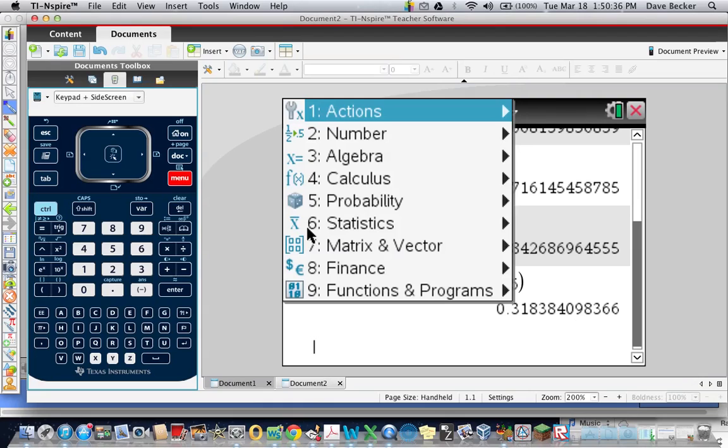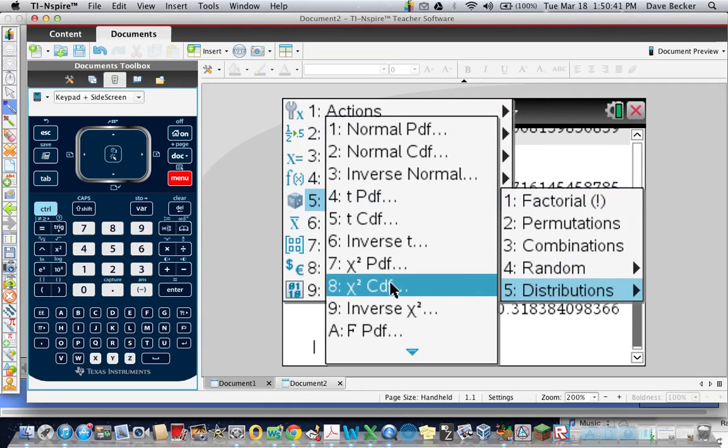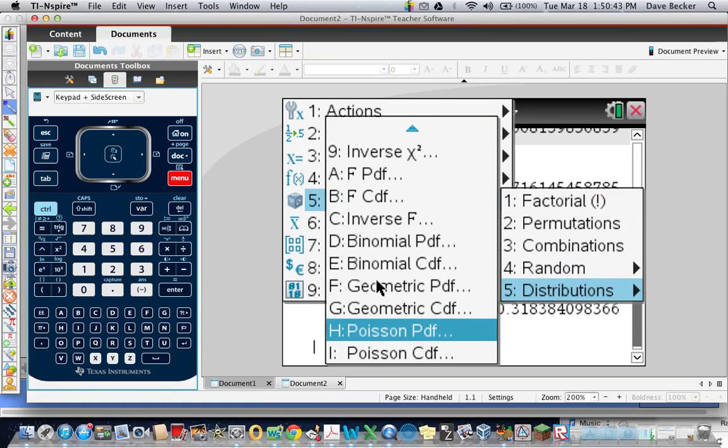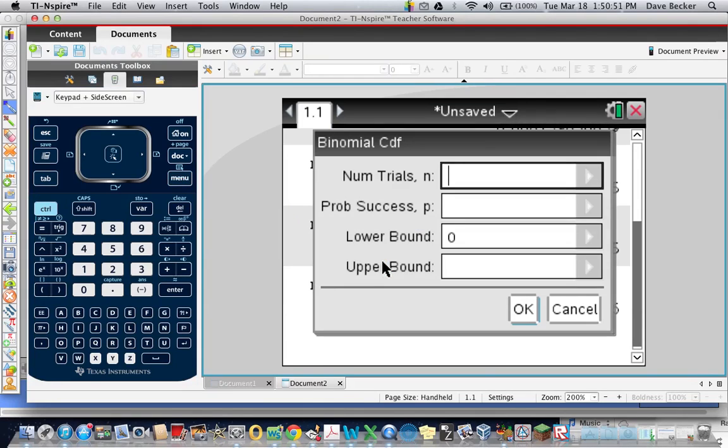Now we got to go back to menu. We got to do probability. We got to do distributions, and so we're going to go to binomial, and it's cumulative. It is cumulative because we don't care about just 5. We care about 5 or less. Okay, so the number of trials, let's see, that would be 10, because there's 10 students.